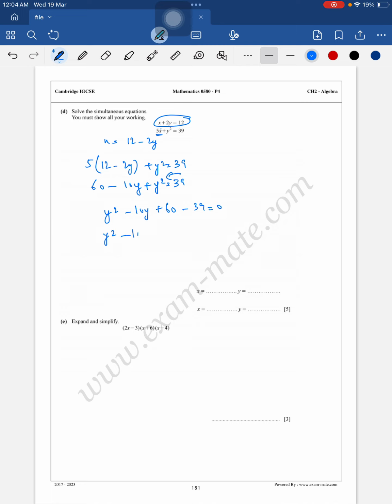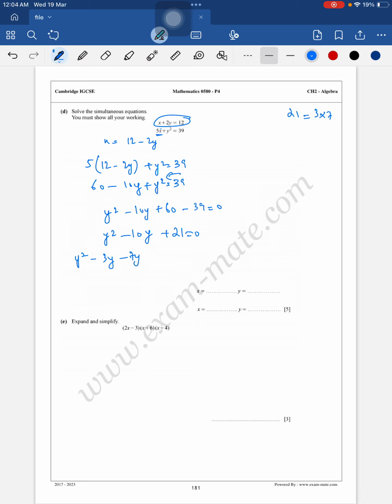So y square minus 10y, 60 minus 39 will give me 21. Okay, now 21 into 1 is 21. I have to see the factors, and the best factor which comes is minus 3 into 7, and 7 plus 3 is 10. Okay, so y square minus 3y minus 7y, if I am adding it up, it is adding up to minus 10y.